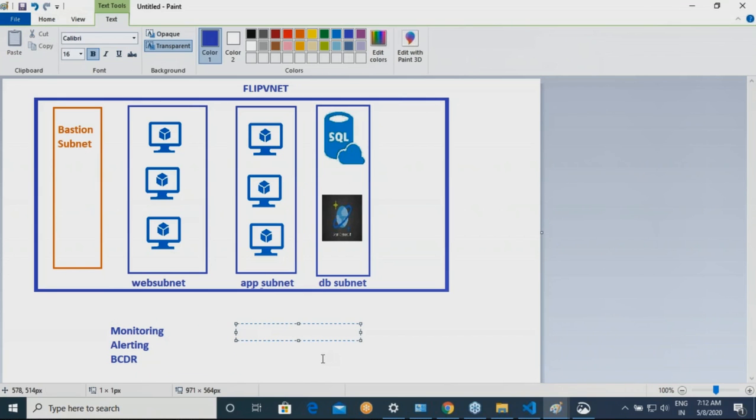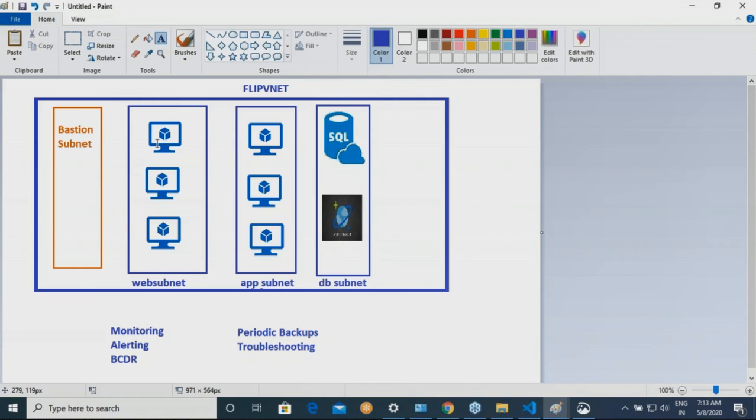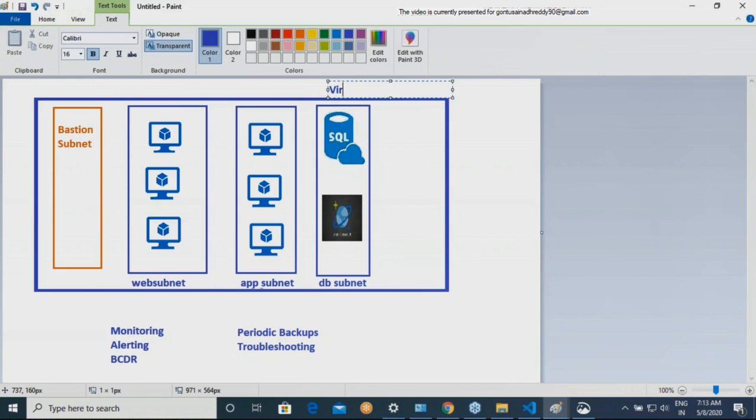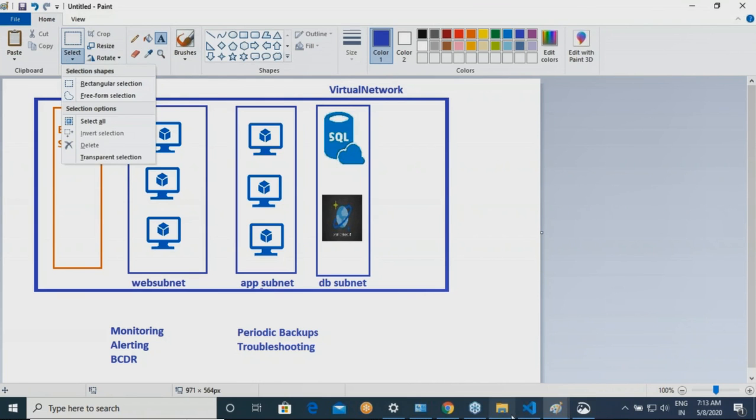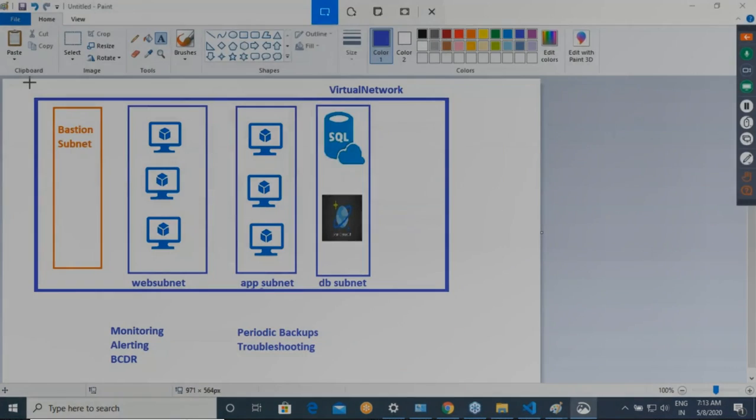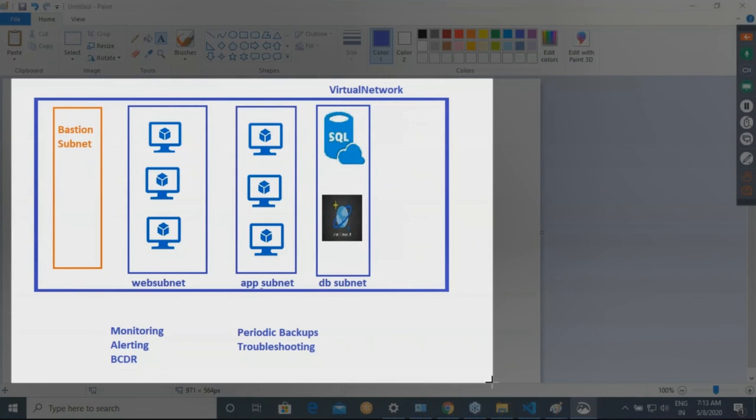We should be in a position to take periodic backups, and then we should be able to do troubleshooting, at any level, at network level, at virtual machine level, or whatever level it is. So these are going to be our activities. This I'll call virtual network. So this is going to be your task, which we will try to do.